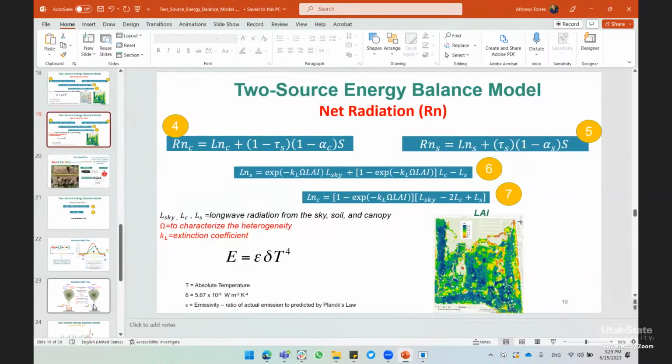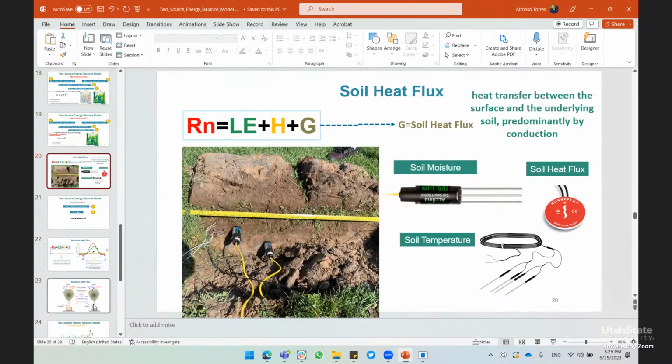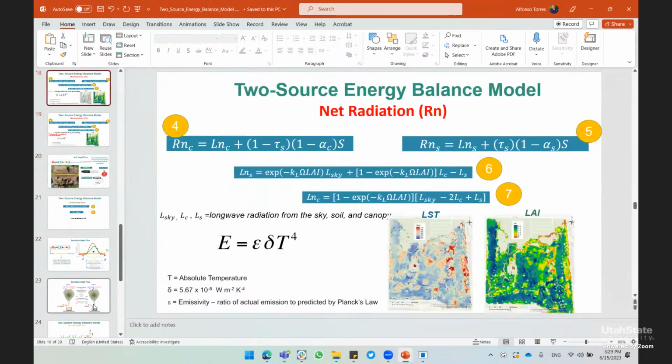And the main equation to estimate these values, or each of the eight factors, is through the resistance model, where we assume that soil and crop have different resistance.